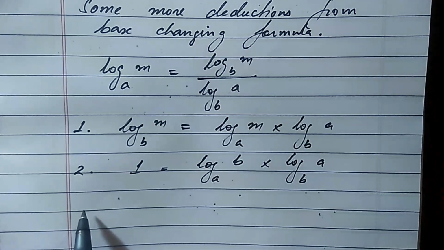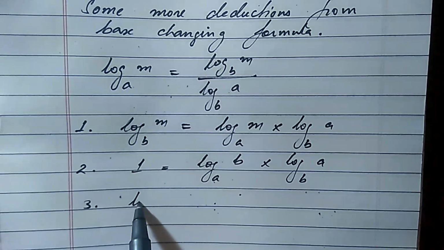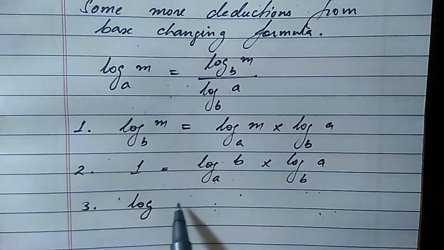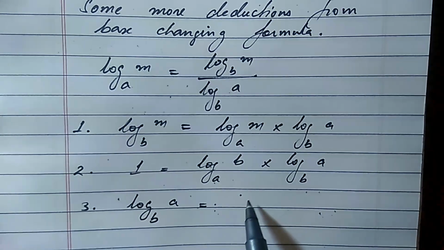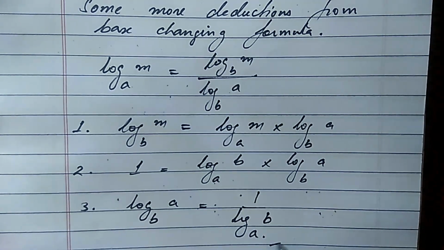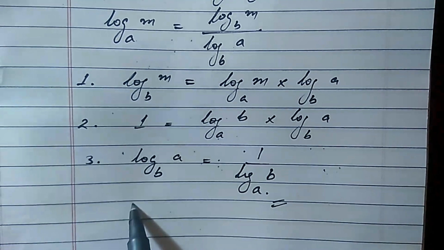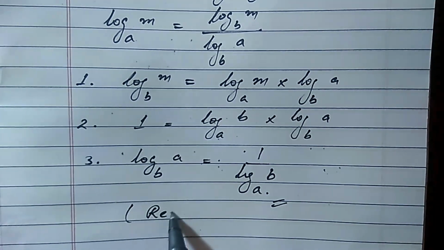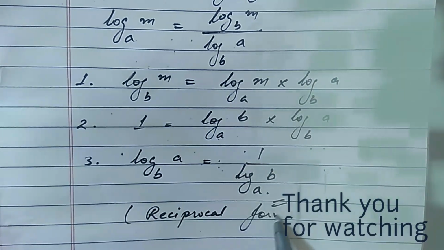Now again, if I cross multiply, then I can write log of a with base b is equal to 1 upon log of b with base a. This is also known as the reciprocal formula.